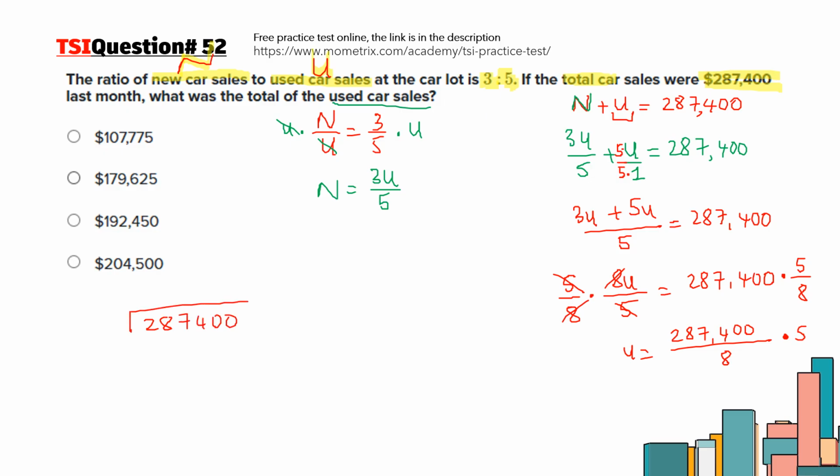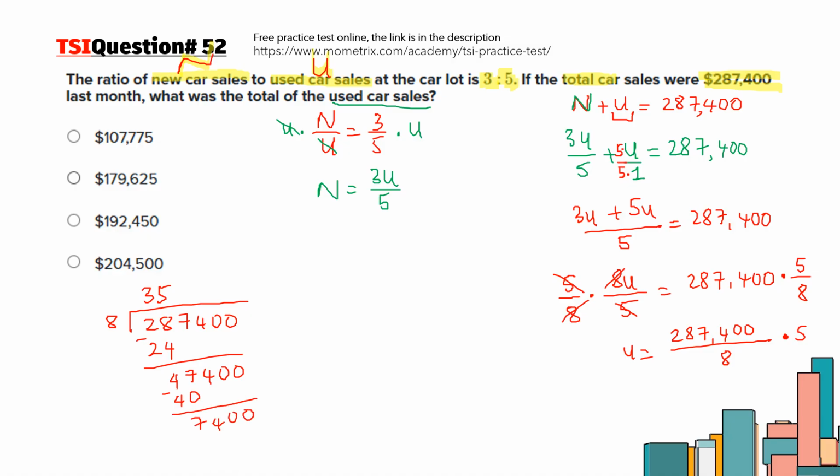So we have 287,400. We divide by 8. 28 divided by 8 is 3. 3 times 8 is 24. We subtract top to bottom: 8 minus 4 is 4, 2 minus 2 is 0. We drop the leftover down. Now 47 divided by 8, you get 5. 5 times 8 is 40. Subtract, you get 7400.